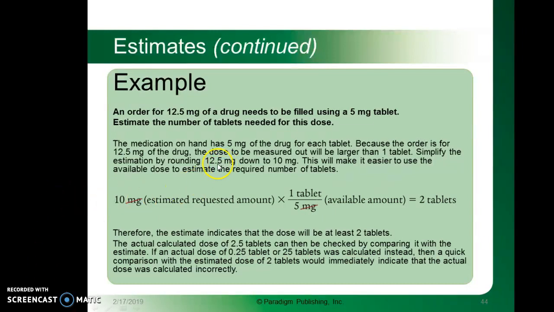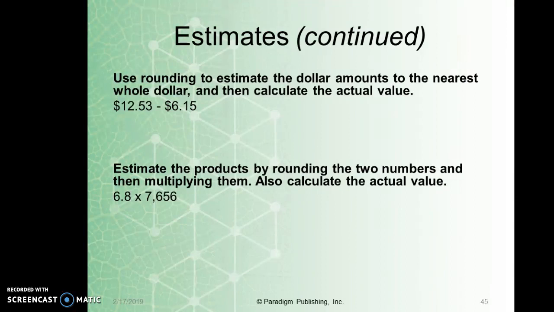So here it's basically saying that if you took the 2.5 tablets and got 0.25 tablets, or 25 tablets, that would be inaccurate.